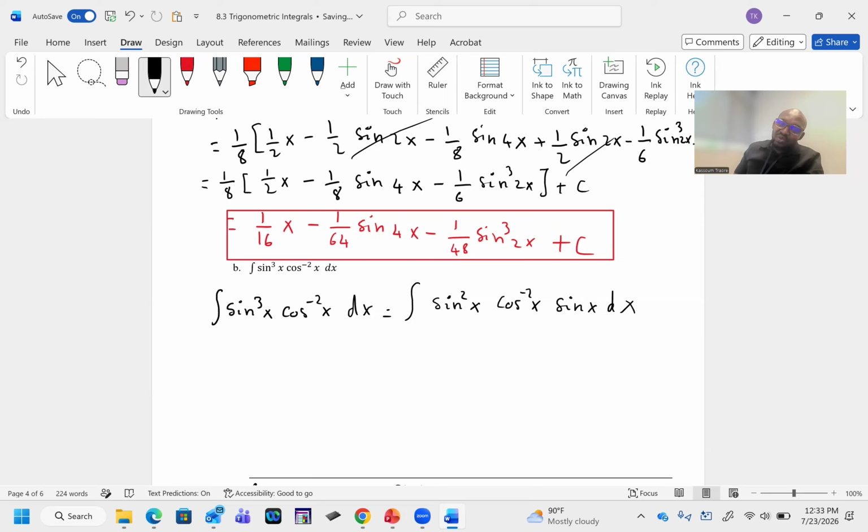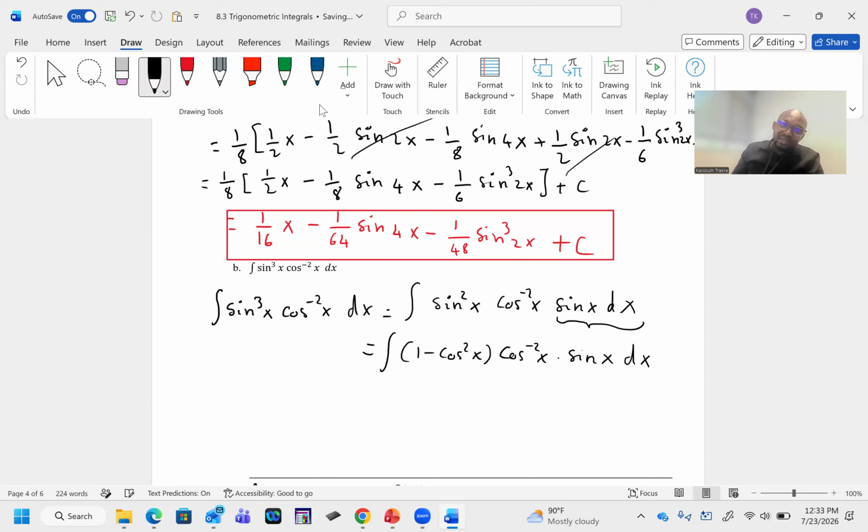So I want you to get used to this, because you can see I'm doing this because this one will become my du, okay? That's the rule of substitution. But sine square x is what? Sine square of x is 1 minus cosine square of x, times cosine to the power of -2 x times sine x dx.